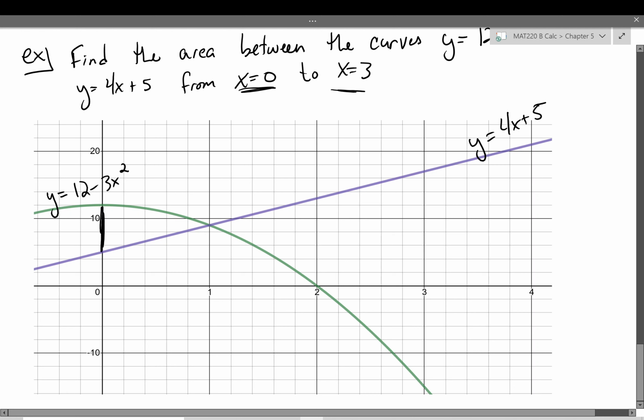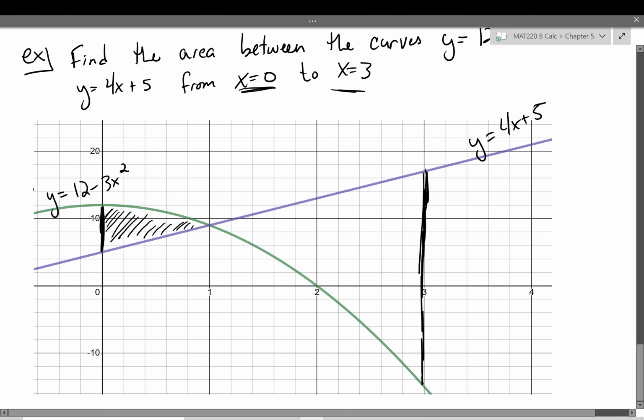So right here is 0, and right here is 3. Okay? And hopefully you can see something here. Notice that when I start shading stuff in, notice in this first region, the upper function is 12 minus 3x squared.